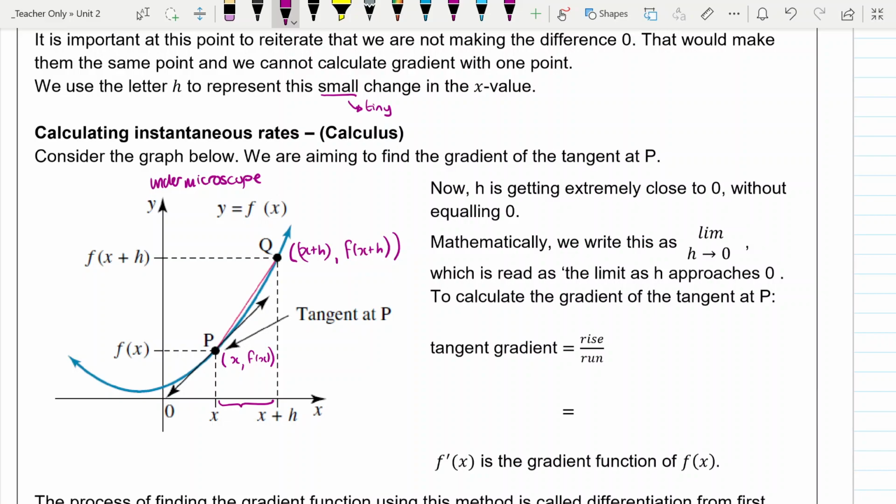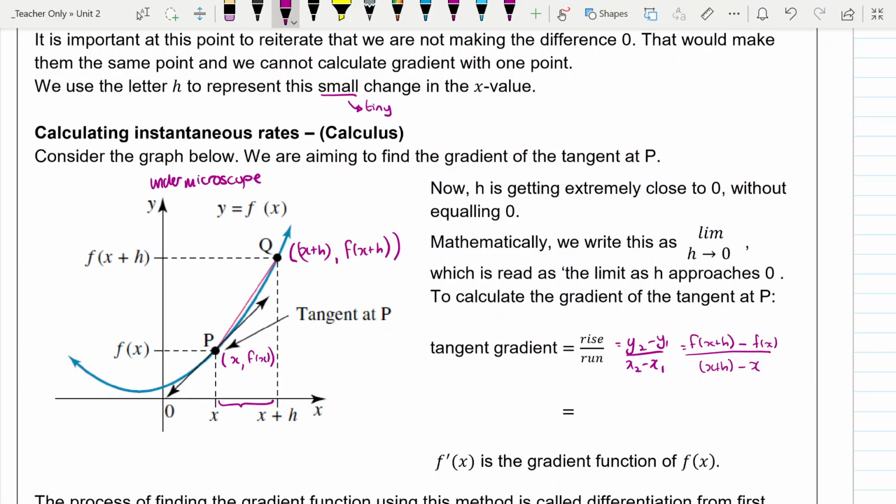To calculate the gradient of our tangent at P, remember the gradient is rise over run, and that's equal to y2 take y1 over x2 take x1. Our y2 in this case is going to be at Q, so it'll be f of x plus h, minus our y1, which is f of x, over x plus h minus x.